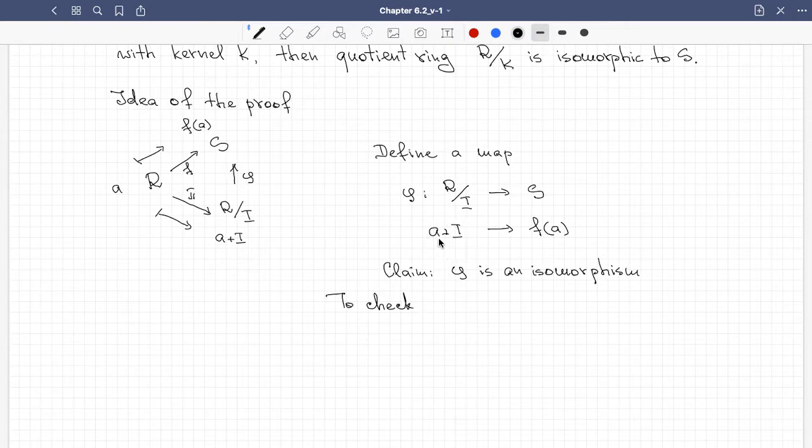If, depending on which representative we are choosing, we end up with different elements in S, then this is not a map from cosets. Which representative do we prefer? So the first order of business is to check that phi is well defined.